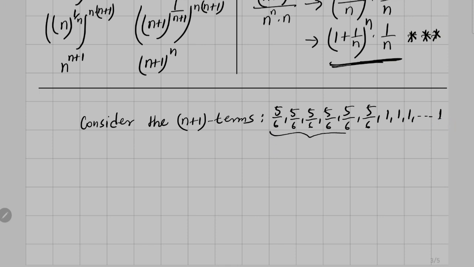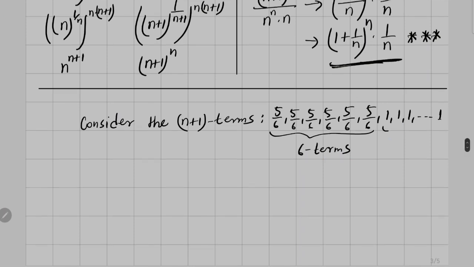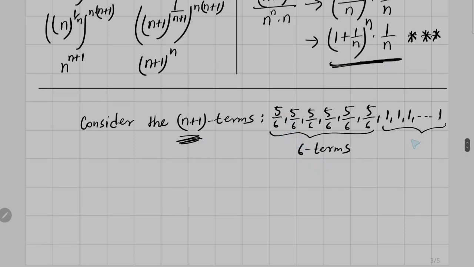Here 5/6 appears 6 times, and since the total number is n+1 terms, the remaining 1s are n minus 5 terms. So n minus 5 terms and 6 terms, total is n+1 terms.